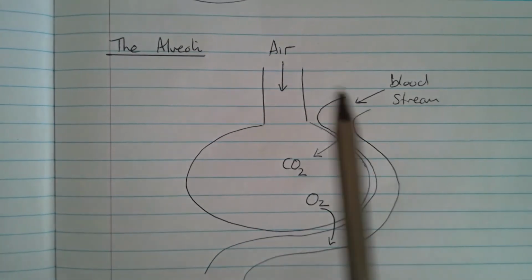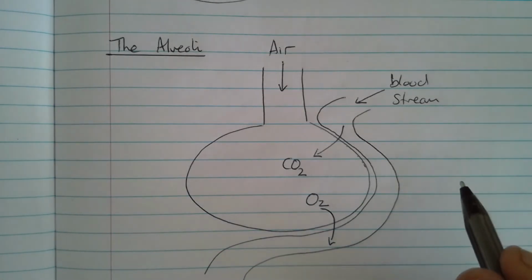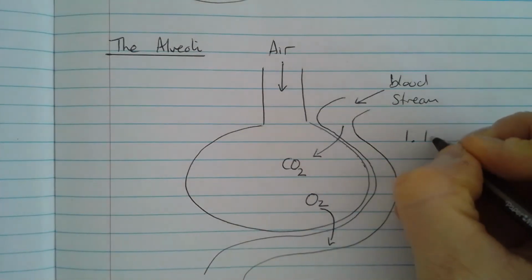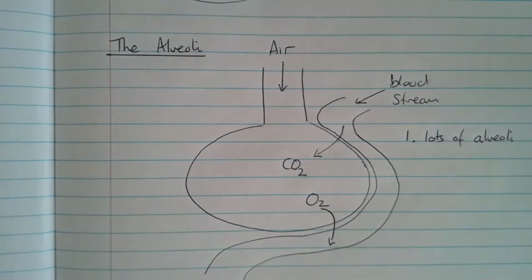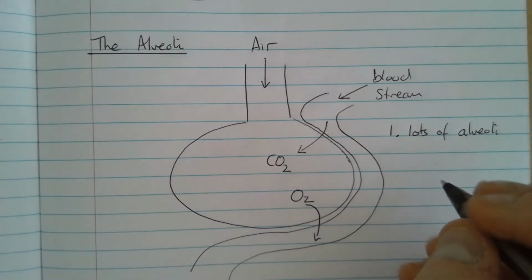Now, the alveoli and the whole lung structure is adapted to make this happen very efficiently. Point one, there's lots of alveoli, so that maximises the number of air pockets and maximises the surface area.